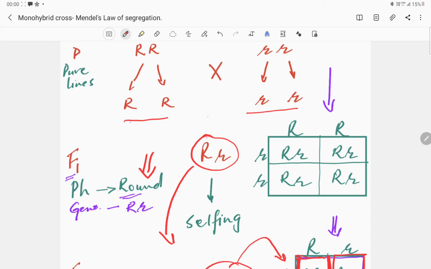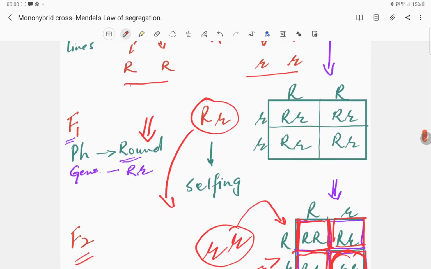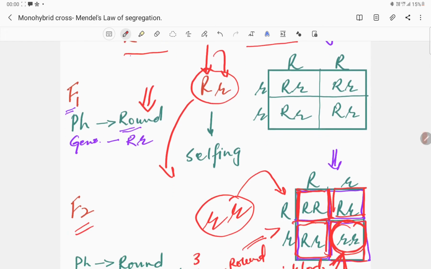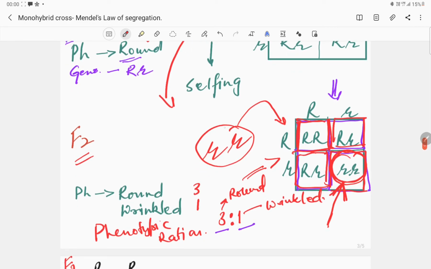He concluded that there are a pair of genes or a pair of these factors, one of them dominated the other one and hence it was not expressed, but the recessive factor doesn't go missing, it is hidden, and when it gets its own opportunity, it expresses itself.